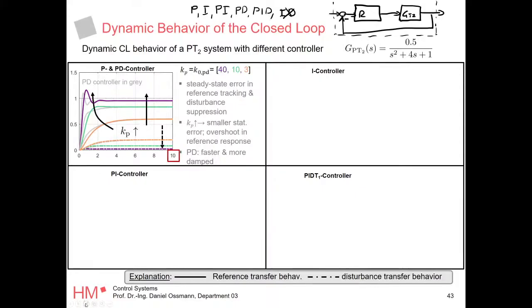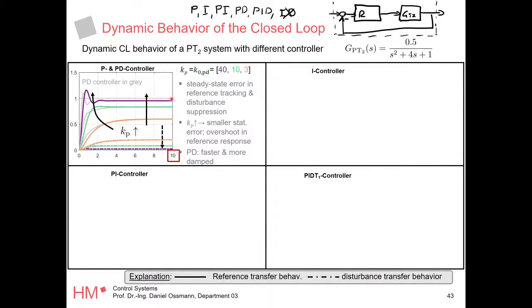Here you're seeing, with a pointer, this second order system augmented with a proportional controller. Let's start out with the proportional controller. The full lines here are the complementary sensitivity. So how is my reference input transferred to the output? We again see that a proportional controller for a proportional system will leave us with some error.